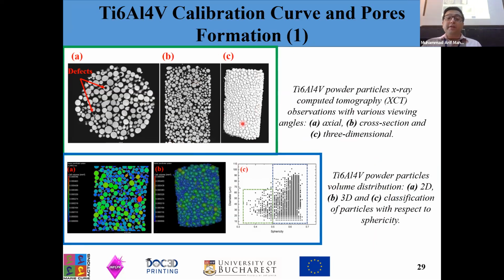The upper figure shows the X-ray computed tomography for the Ti6Al4V powder particles in axial, cross section, and the 3 dimensions, while the lower figure shows a distribution of the powder particles in 2 dimensions and 3 dimensions, and the classification of the powder particles with respect to sphericity. We can see that the majority of the powder particles are between 0.5 and 0.65 sphericity, while a few were between 0.35 and 0.5.